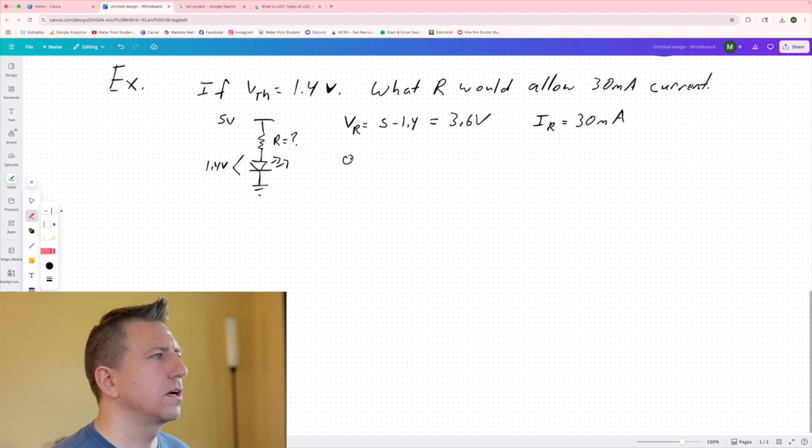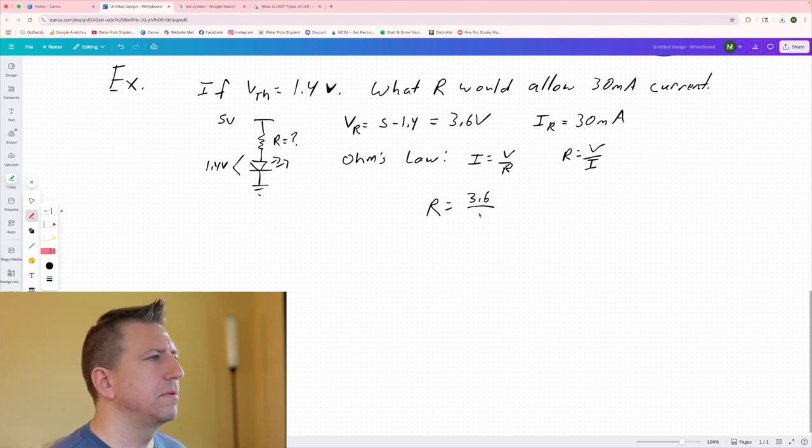Now we can use Ohm's law again. In this case, we'll use it in a different form. So I is V over R. So we can write this as R is V over I. And so then our resistance is just 3.6 divided by I. Now it's 30 milli, and so I'm going to convert that to 0.03 amps. So we're going to divide this by 0.03.